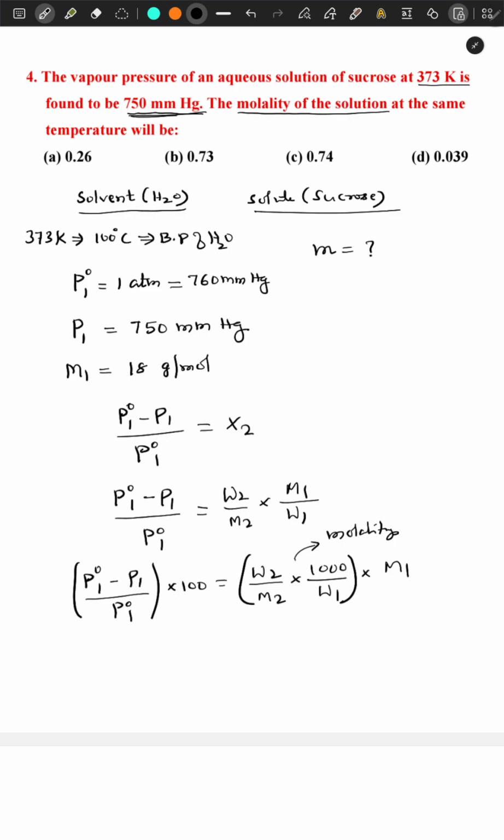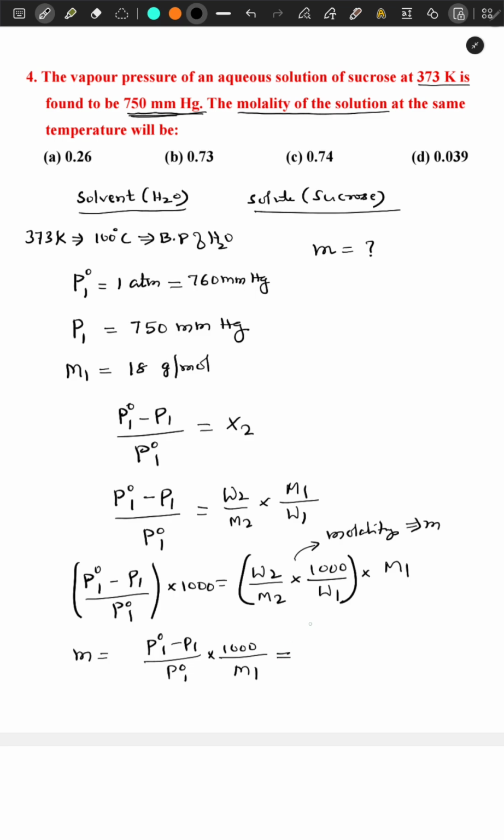So molality formula is W2 by M2 into 1000 by W1. Now we want molality, correct? So molality means symbol small m. So molality small m becomes P01 minus P1 divided by P01 into 1000 divided by M1. So now you substitute in this formula, you will get molality.